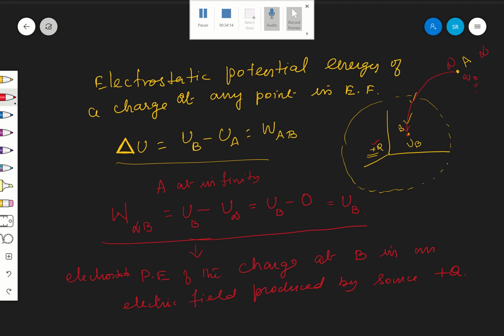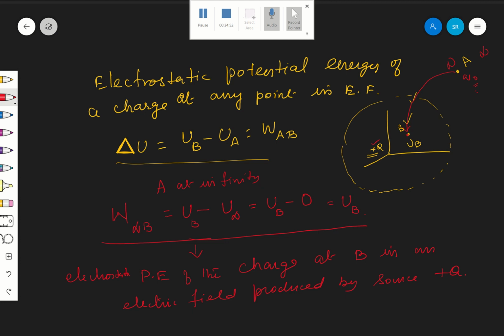The electrostatic potential energy of a charge at any point in an electric field is defined as the work done by the external force in moving that charge from infinity to that point without acceleration.